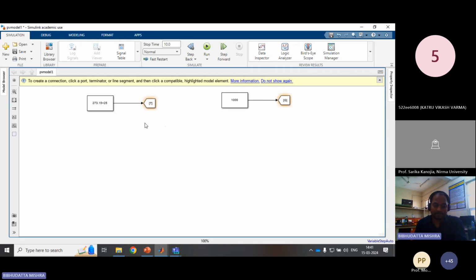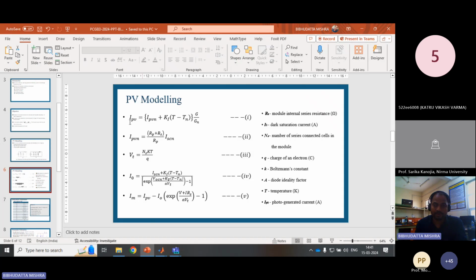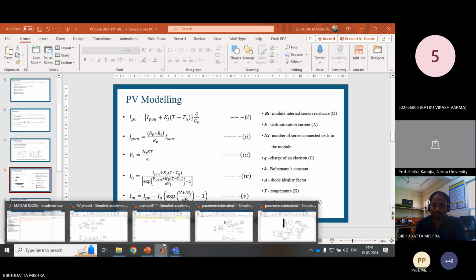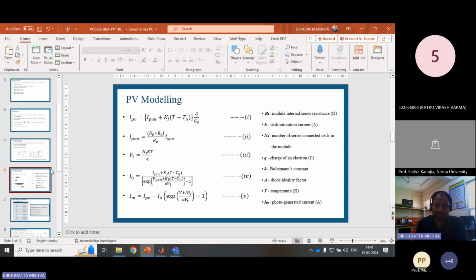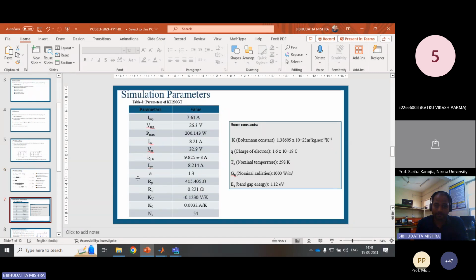Then second case, modeling for IPH, photon current, or IPV. So here IPH equals IPHN, and the IPHN value means the nominal value of IPH. Already we have taken those values.